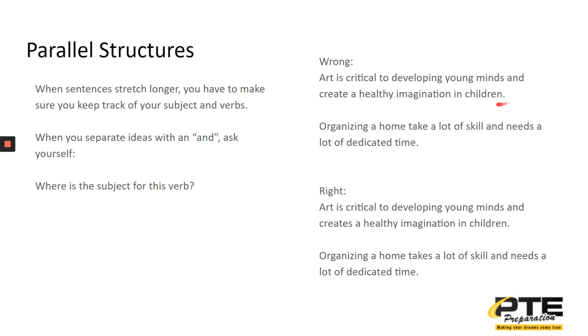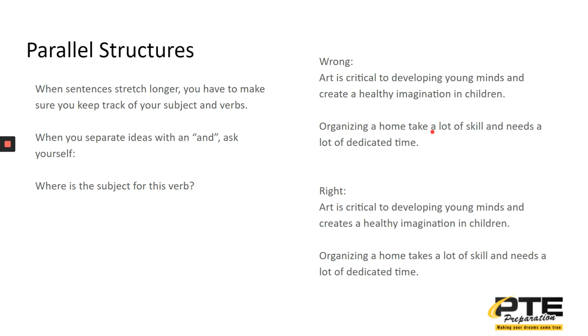This is wrong. Art is your main noun, and your verbs are is and create. They both should be the third person singular verb. So art is critical to developing young minds and creates a healthy imagination in children. You have to add the S because art is third person singular.